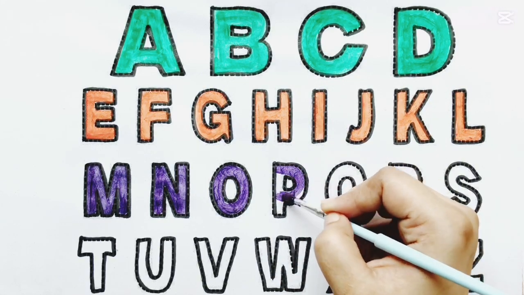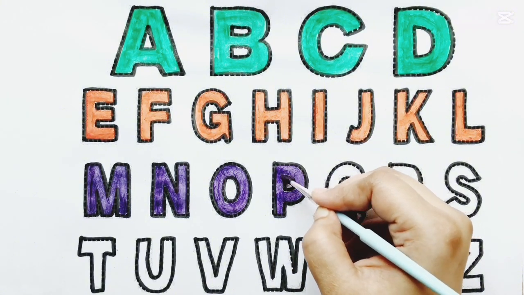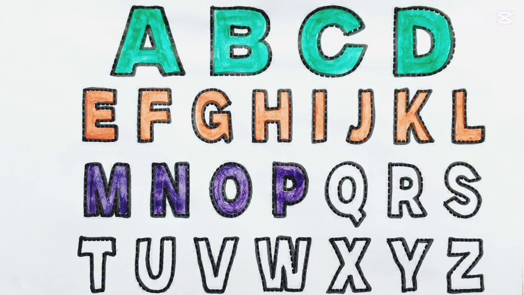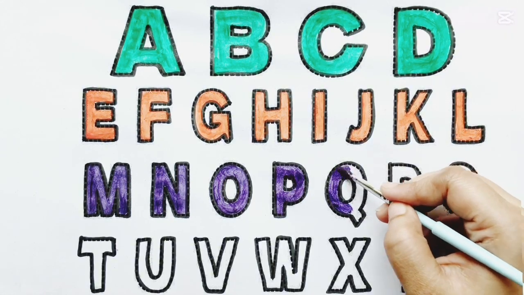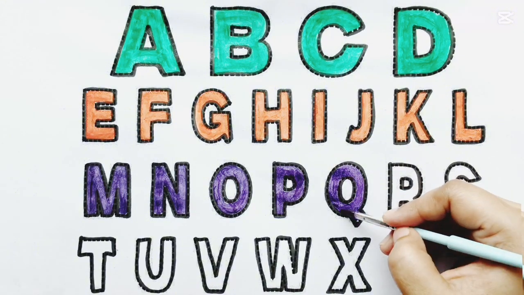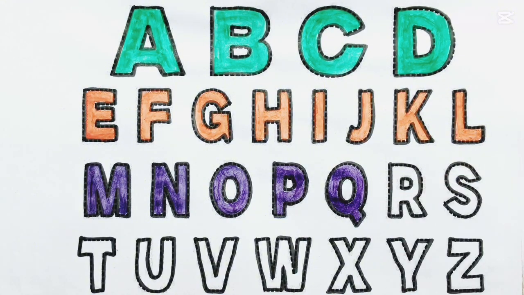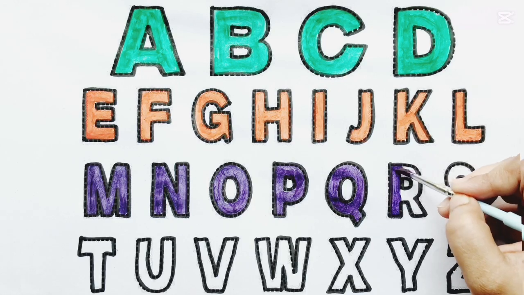P for princess. Q for queen. R for rabbit.